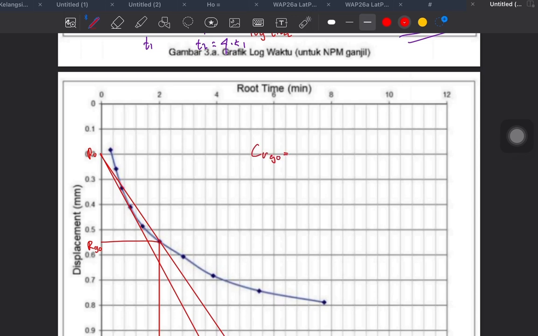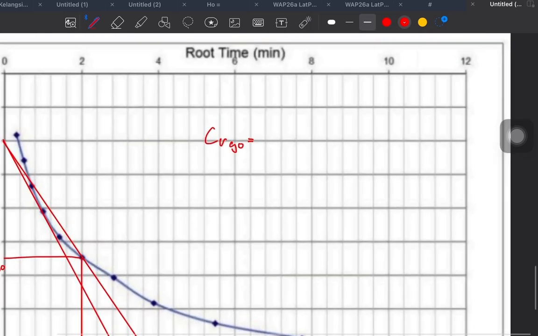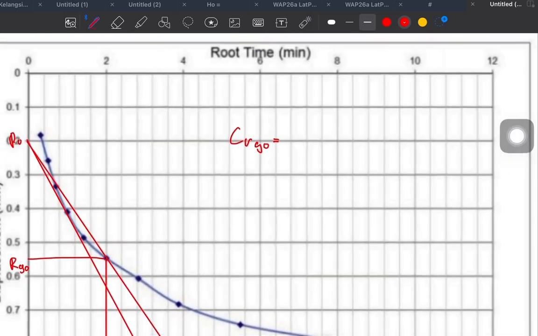The formula seems the same as the CV for 50%, but we have to use the time factor of 90, times HDR square divided by T90. Assume the HDR is equal to 3 meters or 3000 millimeters.